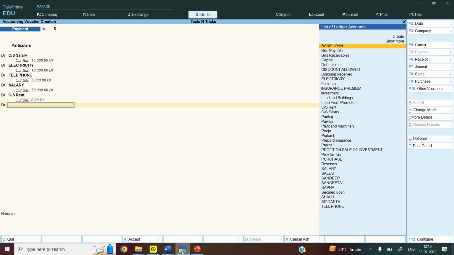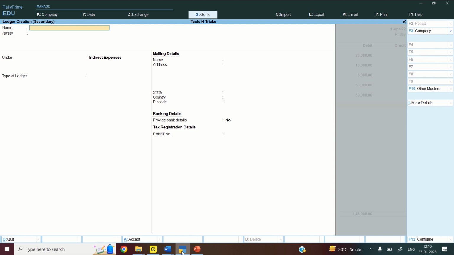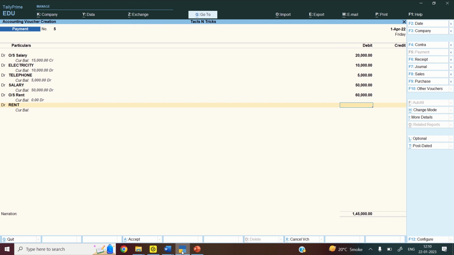Then the 20,000 will be the current rent, right? So 80,000 minus 60,000 outstanding, and 20,000 will be current rent. So Alt plus C, I will prepare the ledger for current rent, indirect expenses, and I will pay out of 80,000, 60,000 was outstanding rent. So 20,000 will be the current rent.